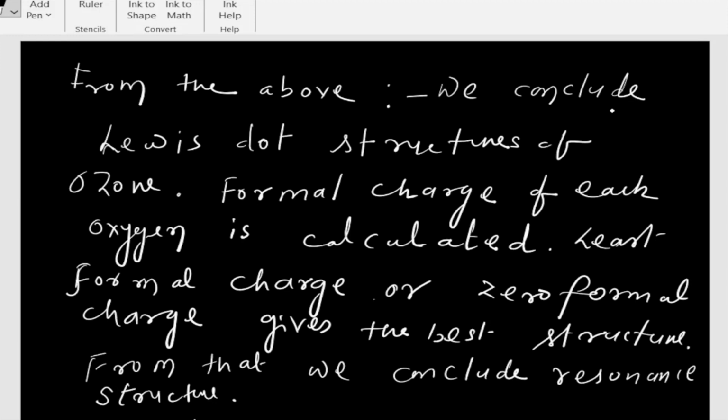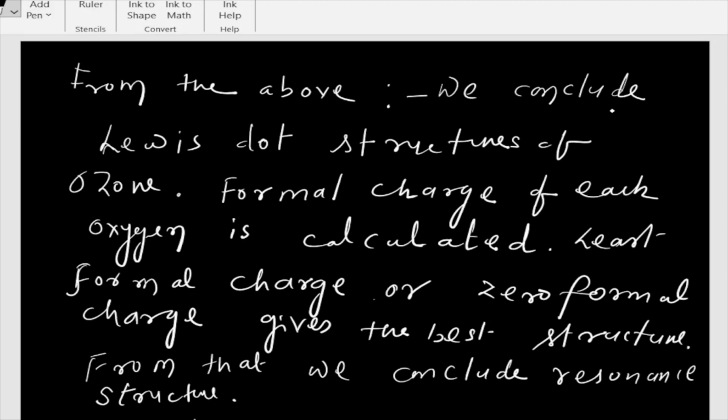From the above, what conclusion are you getting? First, you will see the steps for writing Lewis dot structures, and how to calculate formal charge, and that least formal charge or 0 formal charge gives the best structure. If there are two formal charges, you will find which is the least, that is the best one.